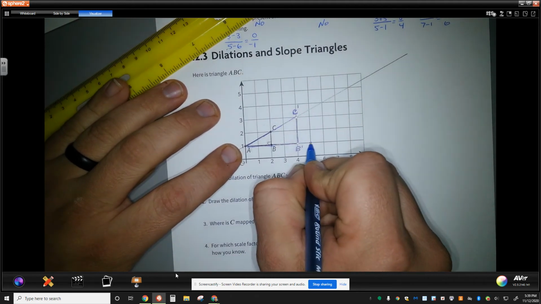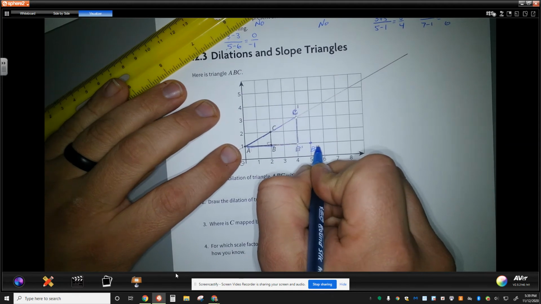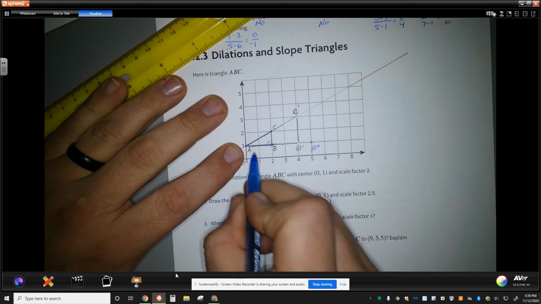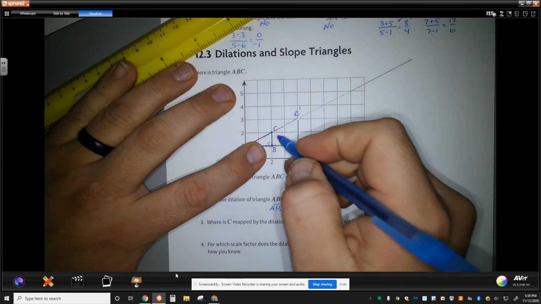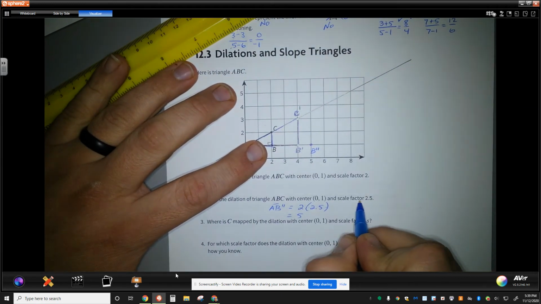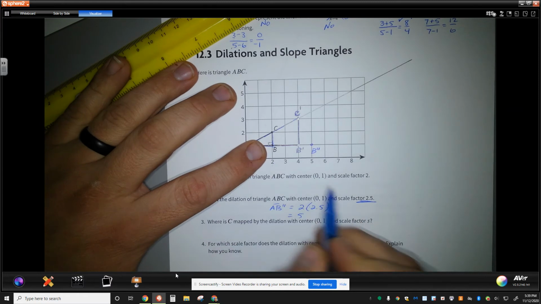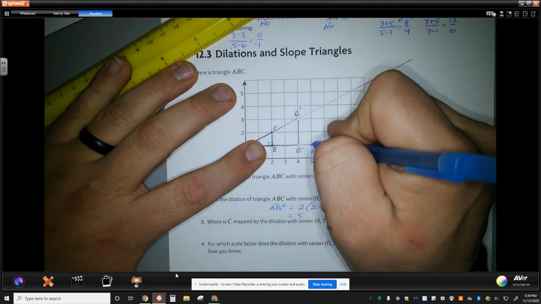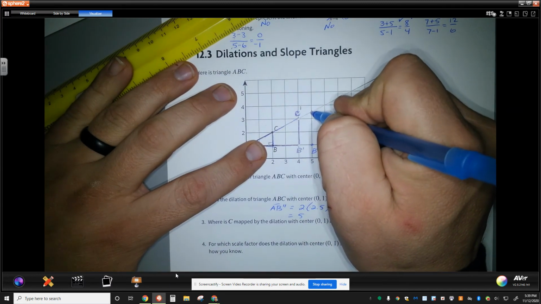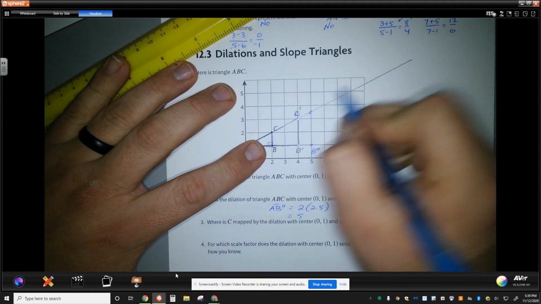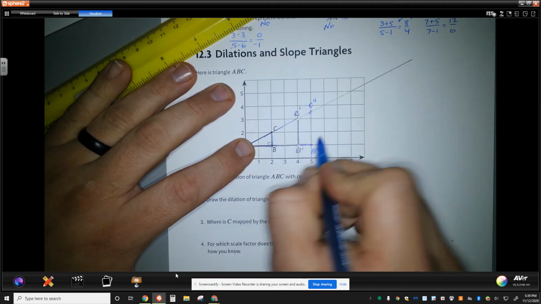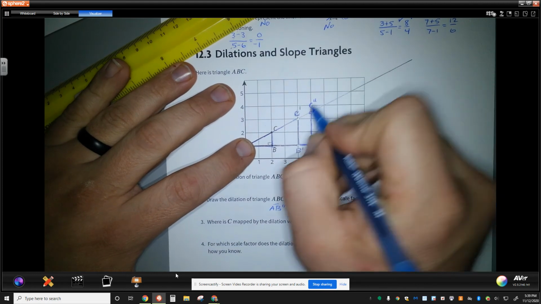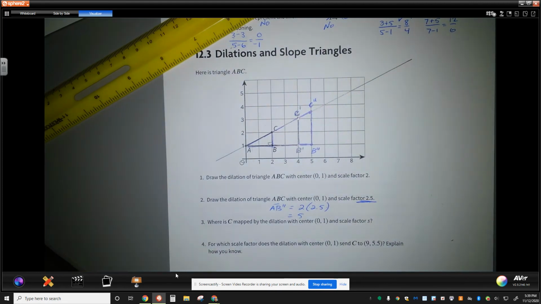So B double prime will come here. And then we talk about the distance of BC, 1 right here, and we want to multiply that by a scale factor of 2.5. Well, I know 1 times 2.5 is 2.5. So I come up 2.5 units. I know that it's going to be right here because of my ray that follows out. C double prime, and I see a triangle. We could see that same pattern if I continue to follow it, working all the way out.